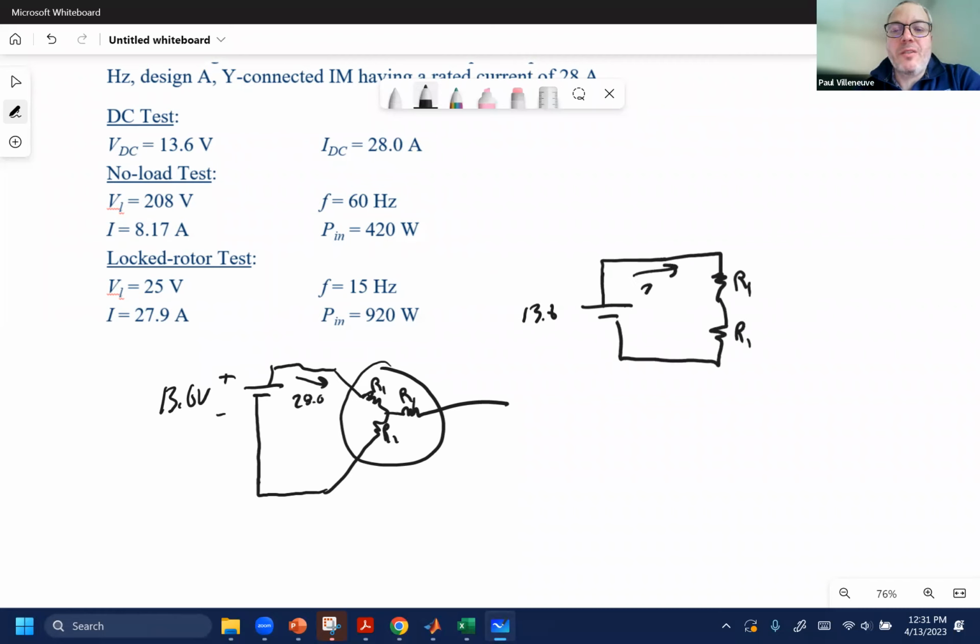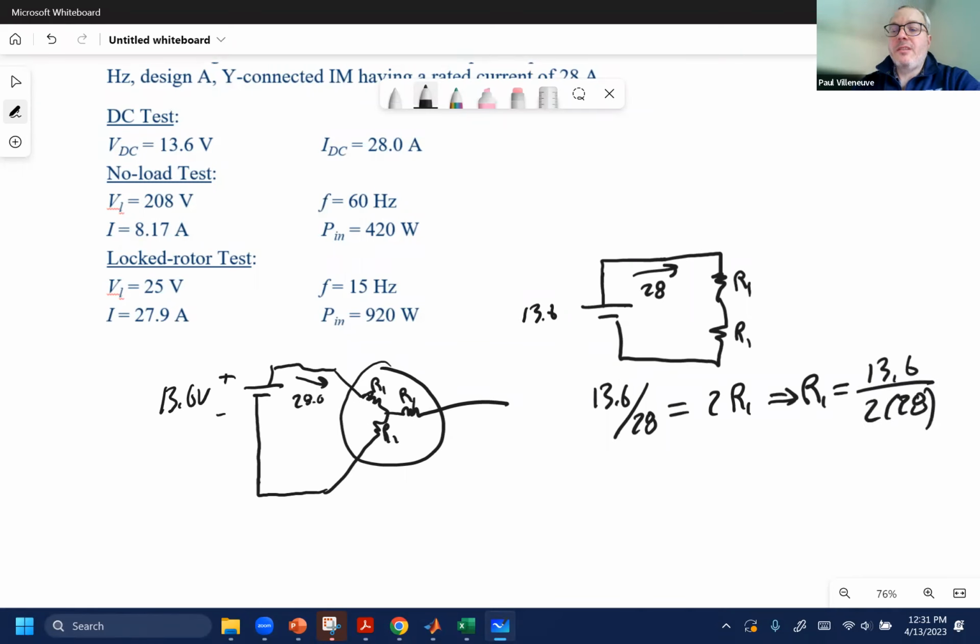And the current through here is 28 amps. So 13.6 divided by 28 equals 2R1, which means R1 is equal to 13.6 over 2 times 28. All right, that's the first one that you solve for, and you can immediately solve for one of the parameters you're trying to calculate.